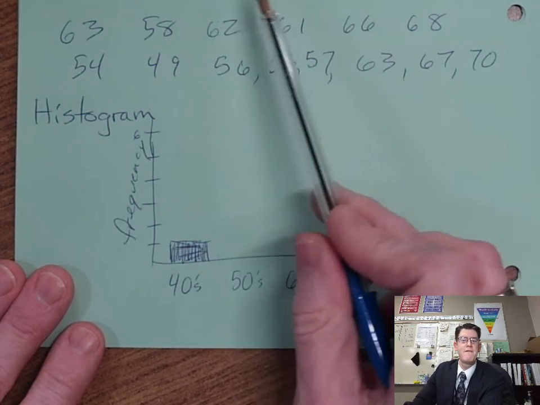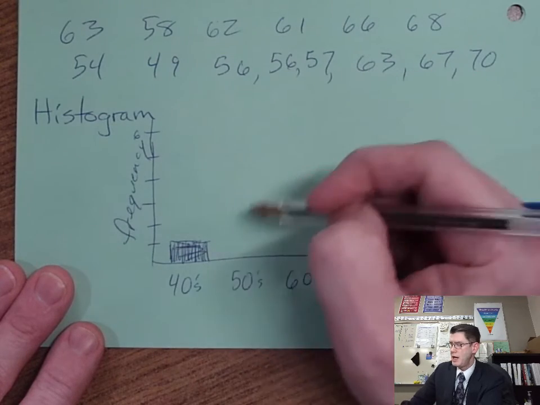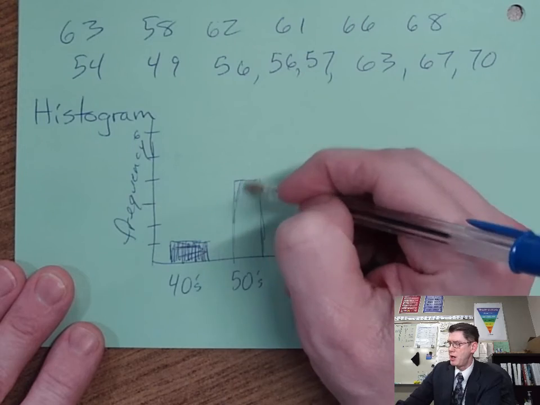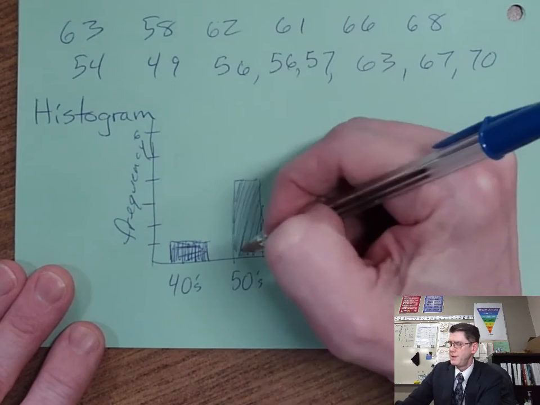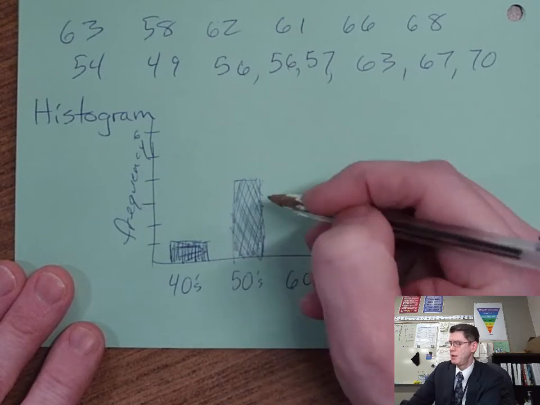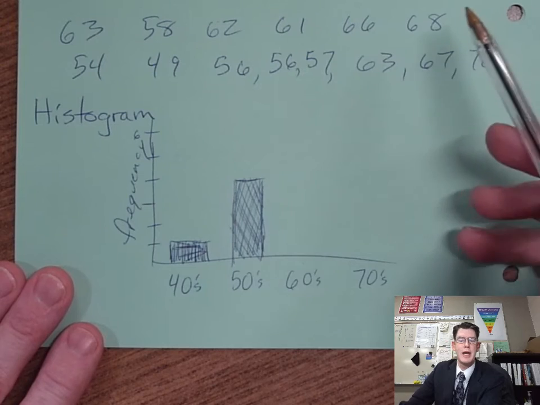Well, what about the 50s? I've got 1, 2, 3, 4. I've got 4 in the 50s, and you'll see the bar go up to 4. Happy little bar there on this histogram. If Bob Ross was doing this, it'd look a lot nicer than that.